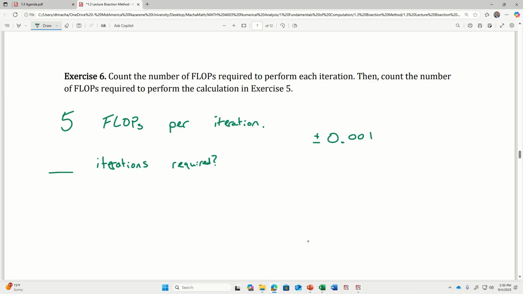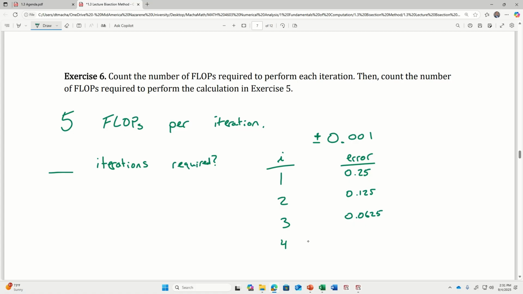Well, now I need the iteration count, 1, 2, 3, 4, and so on, and then the maximum error. After the first iteration, the amount of error I could still have left over is going to be 0.25. After the second iteration, it's going to be 0.125. After the third, 0.0625, and so on.